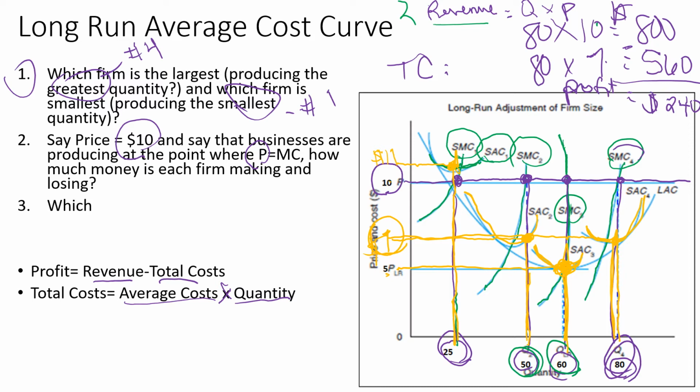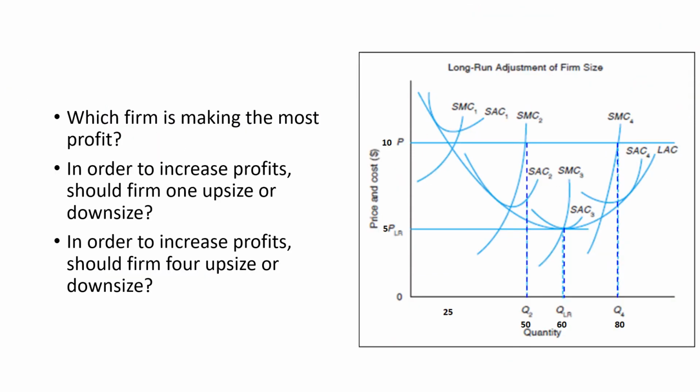So that's what we're being asked: how much money is each firm making and losing? Got a couple more questions on the next page. Which firm is making the most profit? Well, the one that was making $300, so that's firm 3 at $300 profit. In order to increase profits, should firm 1 upsize, meaning make more, or should they downsize and make less?